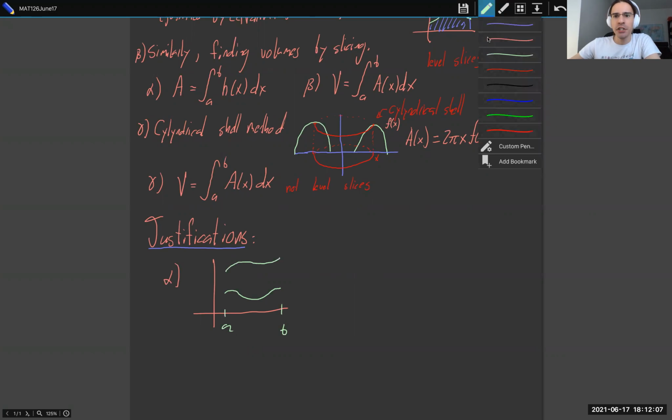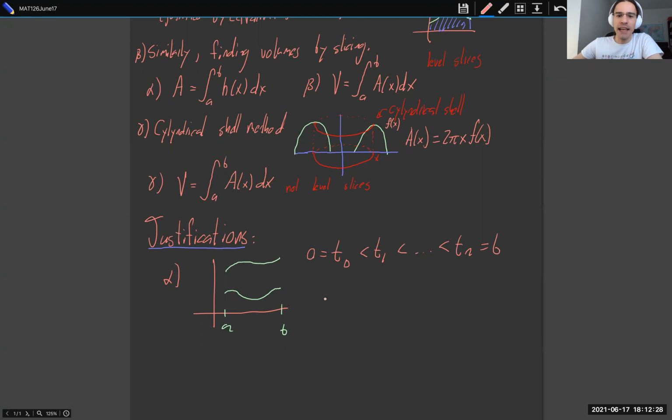And now imagine that I take the interval A to B and I partition it. So let's say that A is equal to T. I'm going to use T for the indices of the partition. T naught is less than T1 is less than dot, dot, dot is less than Tn, which is equal to B. And then let's say that between T0 and T1, I choose a point.